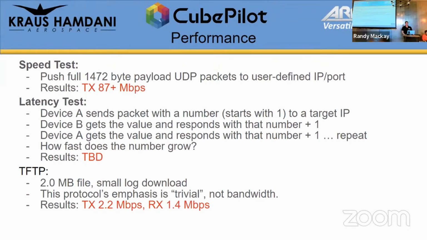The one that does come with it is TFTP, and that's trivial FTP, which is a much more primitive, lightweight, low memory implementation of FTP. It's not secure at all. It's just designed for use within local networks and stuff like that. It doesn't handle packet fragmentation very well.